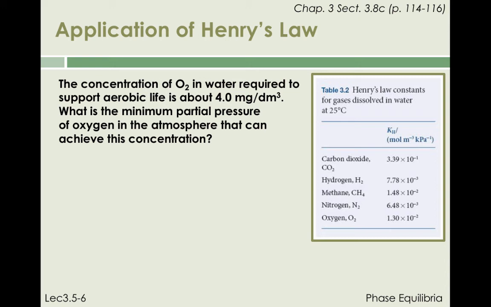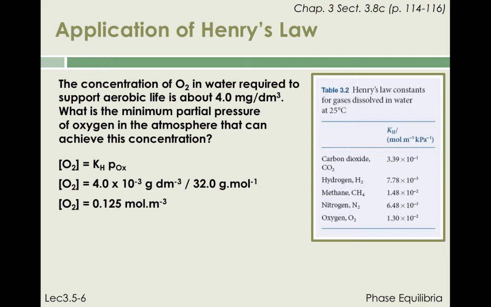From the units given for Henry's constant, we conclude that Henry's law must be written as molarity of O2 equal Henry's constant times the partial pressure of oxygen. We know the minimum concentration of oxygen as 4 mg oxygen per cubic decimeter of solution. So, dividing by the molar mass of oxygen, 32 grams per mole, we calculate the minimum molarity of oxygen as 0.125 moles per cubic meter.